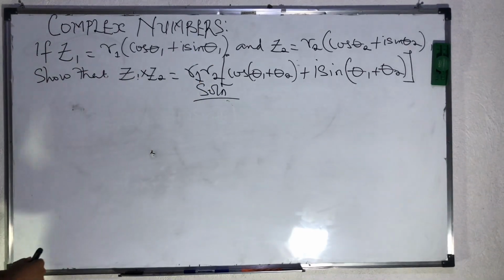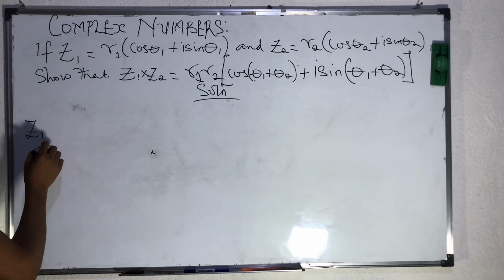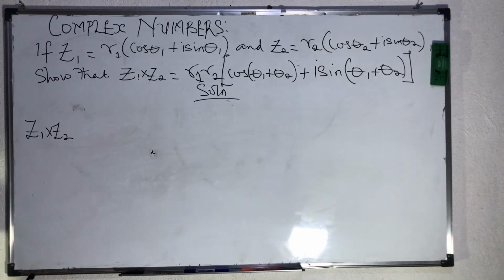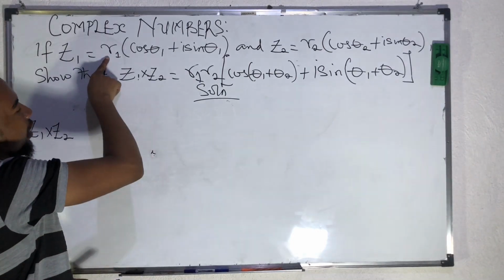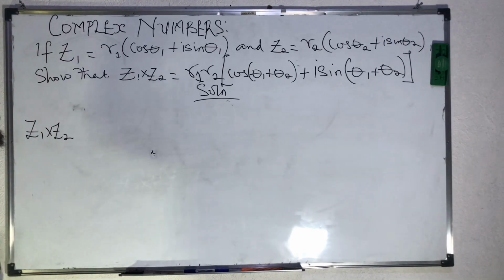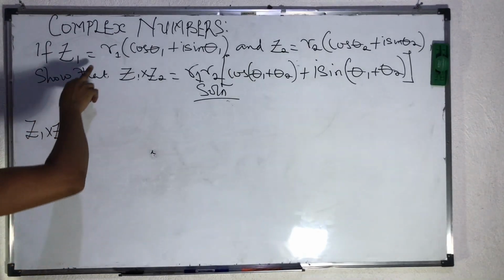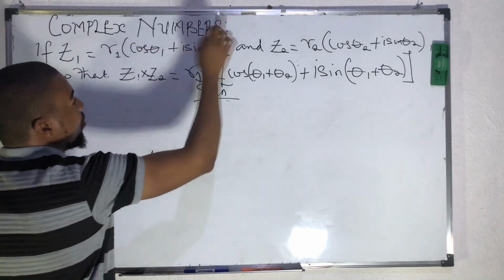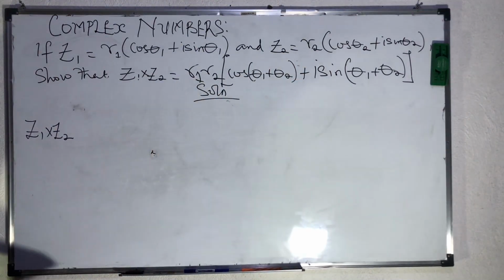The first thing that we're going to do is to say z1 times z2. The first thing to do is to multiply their moduli. We shall multiply them together. Here we have r1, modulus for modulus, and you have r1 times r2.